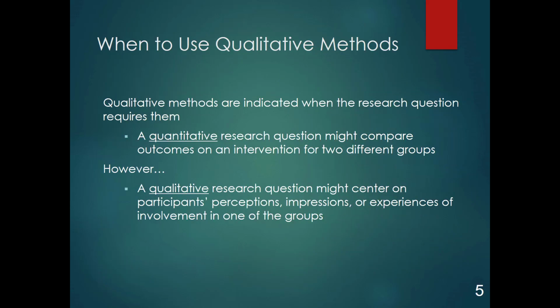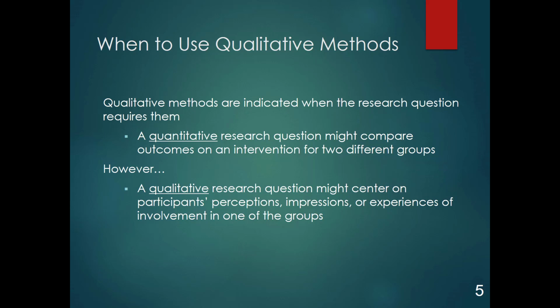In looking at a quantitative research question, you might compare the outcomes of an intervention for two different groups. However, looking at a qualitative research question, you might focus more on participants' perceptions about something, their impressions, or their experiences of involvement in one of the groups. So you see the difference?